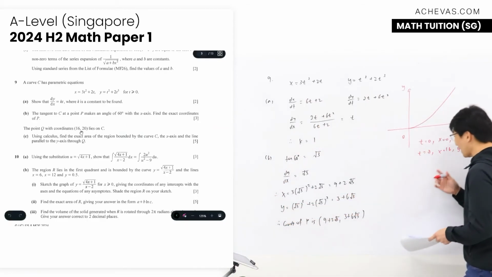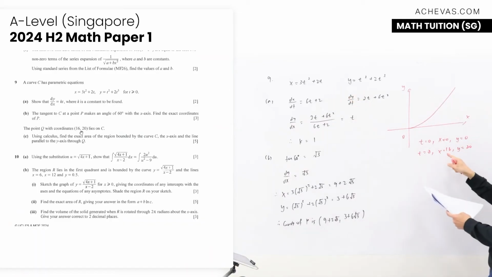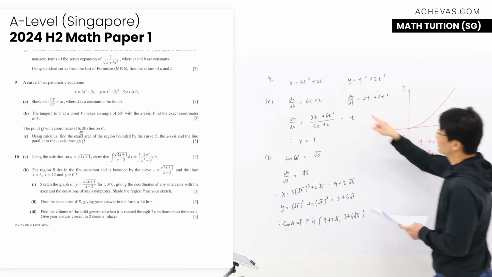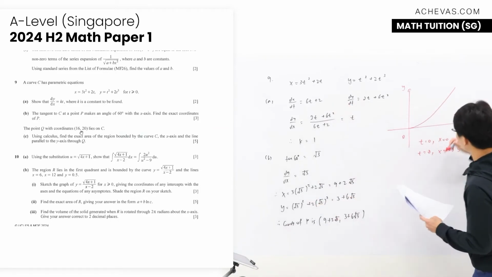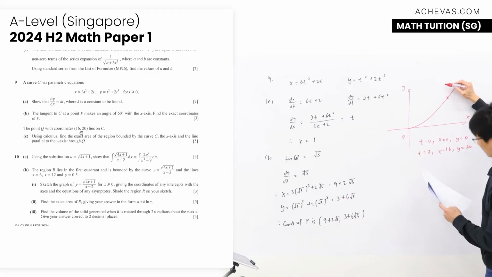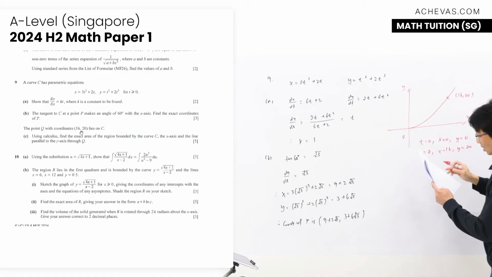Again, if you don't like this observation method, you can just equate x equal to 16 inside here, then solve for the value of t. So now I know that when t equal to 2, it will lie at this position here. This is 16, 20.